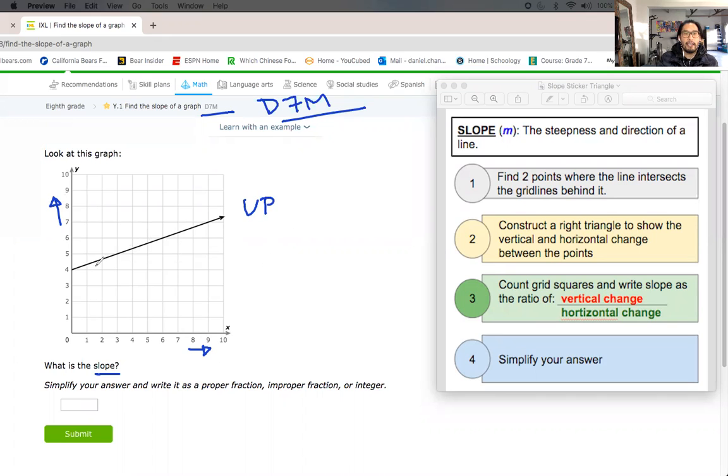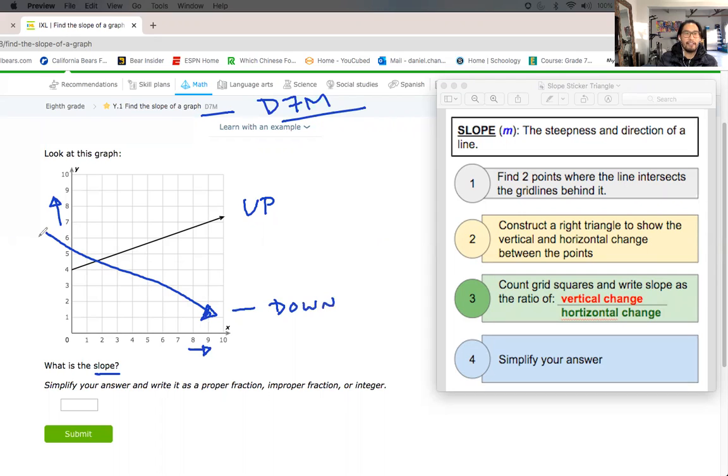If I had a line that was like this, then that direction is downwards.